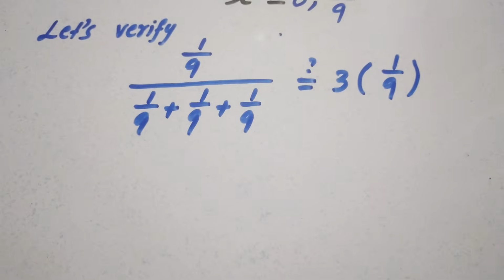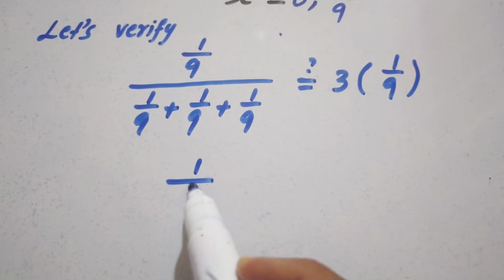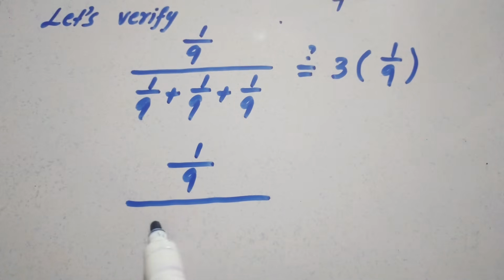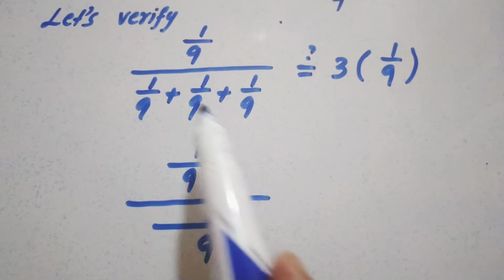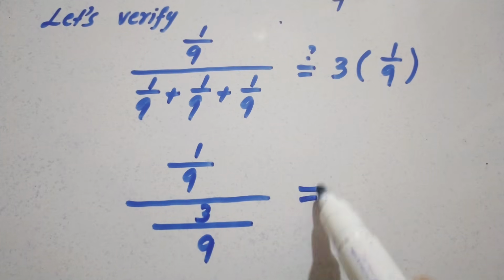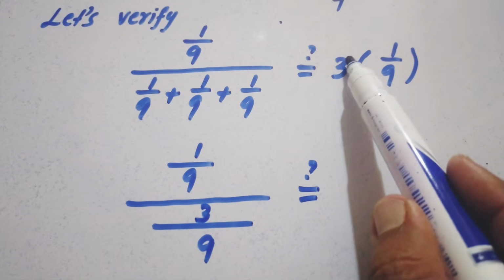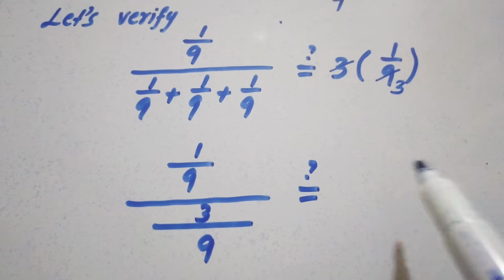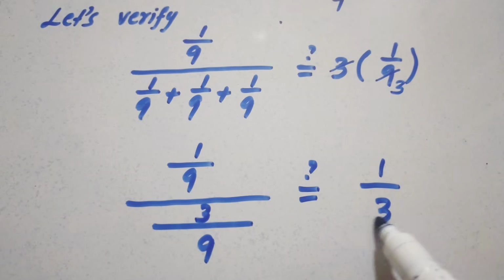So now 1 by 9 divided by, taking LCM here we get LCM as 9, and by adding all three terms we get 3 by 9. Whether it is equal or not equal to 3 multiplied by 1 by 9 gives us 3 by 9, so we get 1 by 3 at the right hand side.